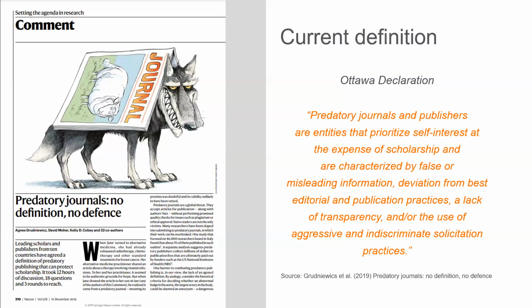They basically pretend that they are legitimate journals, but they don't perform the activities related to academic publishers. Right. So this is the Ottawa Declaration. This is basically at the moment the definitive academic definition of what predatory publishing means.